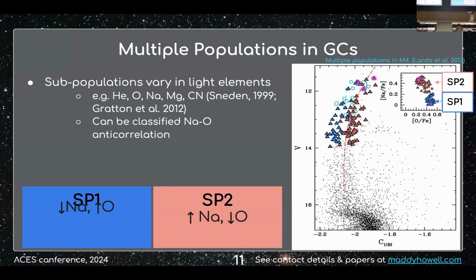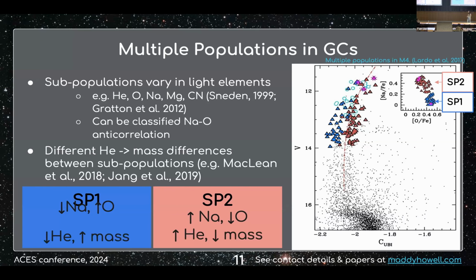You can again see that in the inset. So we know from stellar evolution theory that different initial helium abundances are going to lead to mass differences between the subpopulations. So SP1 stars are lower in helium but higher in mass, compared to SP2 stars, which are higher in helium and lower in mass.